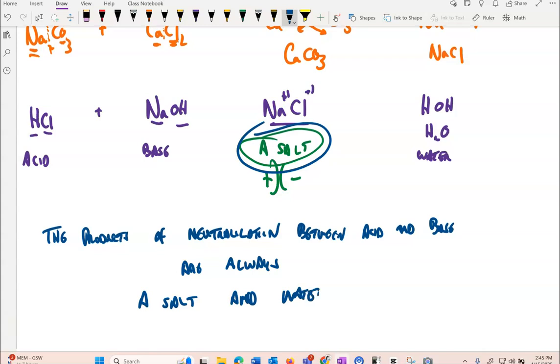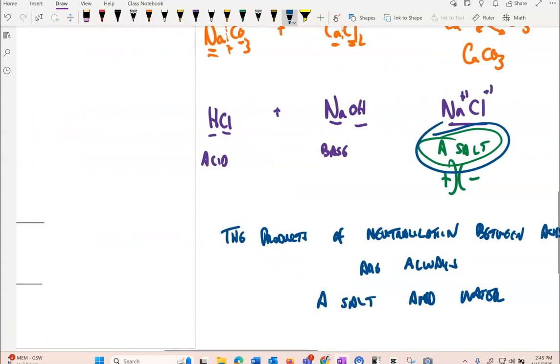And let's remember that neither water nor salts are acids or bases. We've removed any acid or basic tendency.